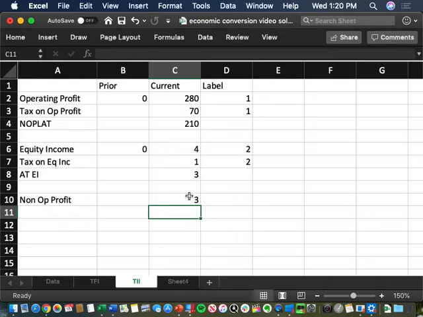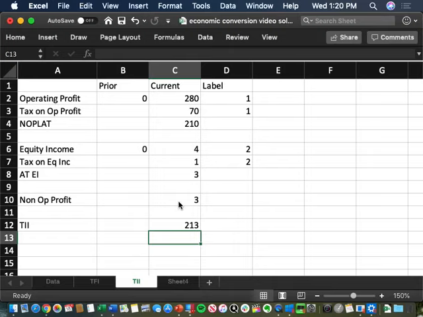They don't realize it's not obvious to people who have never done this before. But that's how 4 million became 3 million, because you have to put the tax effects in there. So when you add these two together, the TII equals the 210 of the operating income plus the 3 of the non-operating income, 213. 213 of total income available to pay out to my investors.